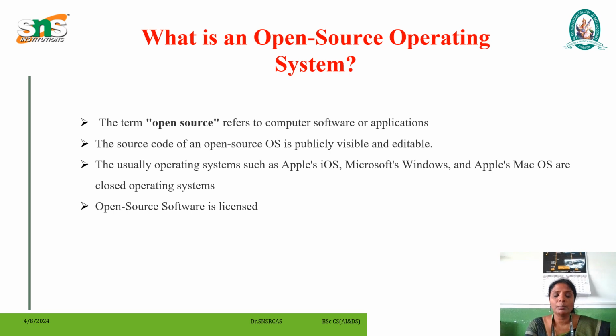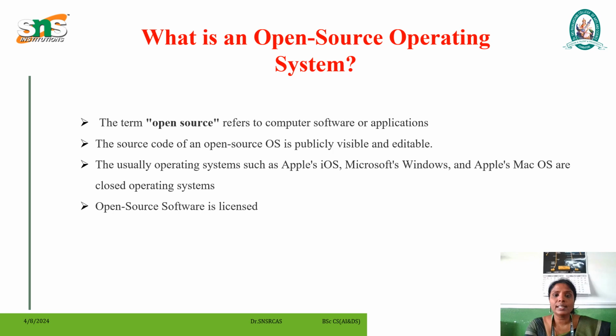Being an open source application or program, the program source code of an open source OS is available. So the user may modify or change those codes and develop new applications according to the user requirements.